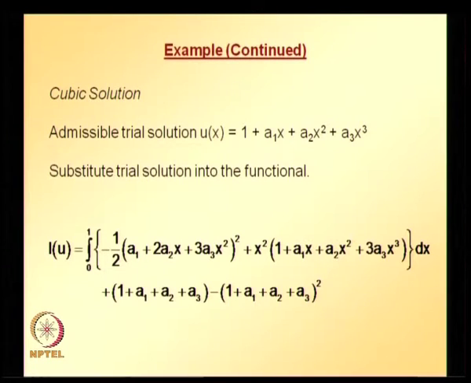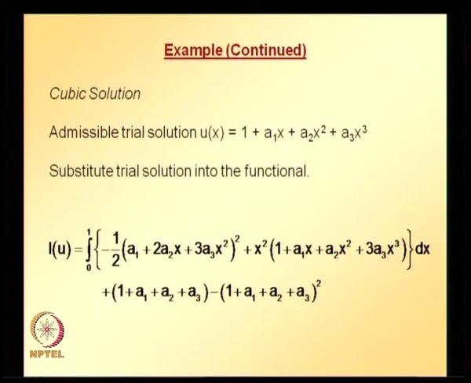The equivalent functional remains the same, you do not need to repeat it; the only thing is we are changing the starting trial solution. Whatever trial solution you start with, you have to make it admissible by substituting the essential boundary condition, and once you have the admissible trial solution, you substitute into the equivalent functional, and then you get I as a function of the unknown coefficients.